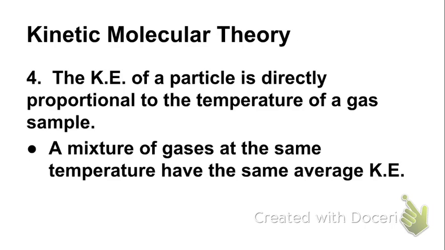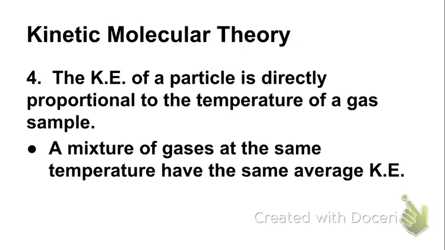Okay, there's 2 more slides. Number 4. So, previous slide talked about kinetic energy and energy associated with the speed of a molecule and its mass, and both of them have a play in their overall kinetic energy.